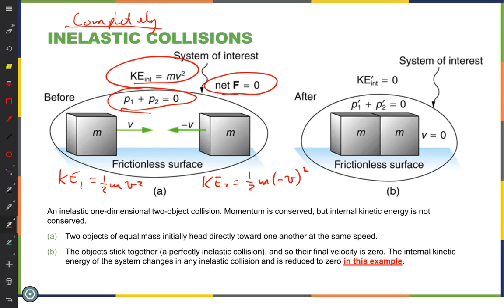In the final case, since it's inelastic, your final momentum has to be the same as the initial, which means it's going to be 0. And if they stuck together and the final momentum is 0, what does that tell you about the final speed? 0, right. So it's very simple for this case. So if I had had Jonathan do the case where the two carts were coming together at the same speed, stuck together, they should have just stopped.